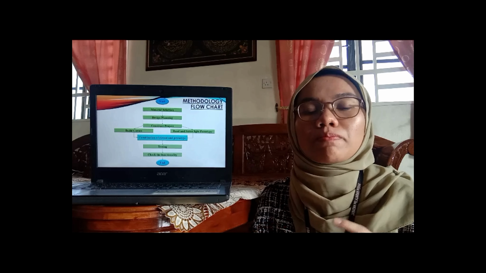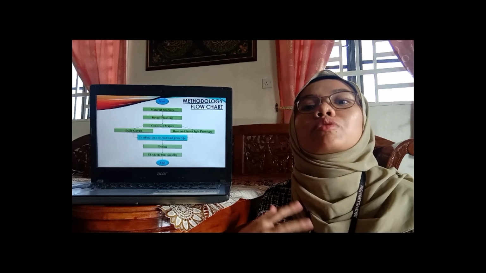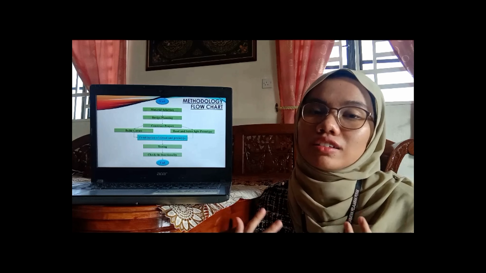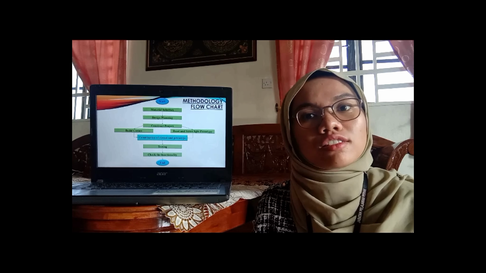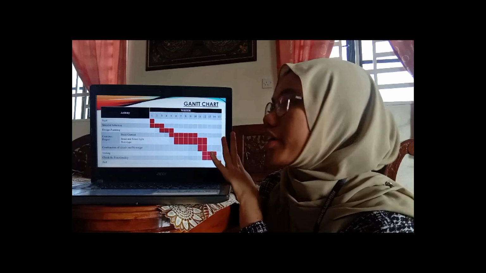Productivity is maximized here, and the resources are not going to be wasted on this project with any little chance of success. So this is our Gantt chart.